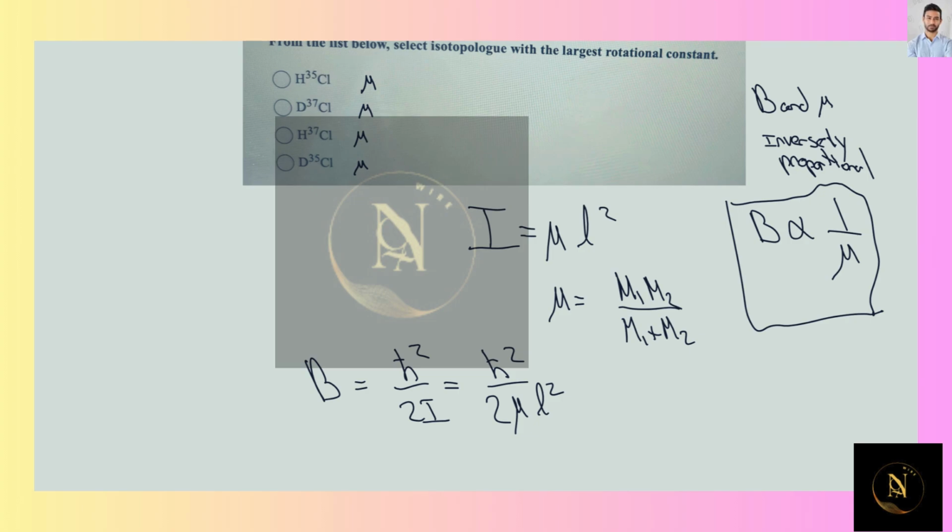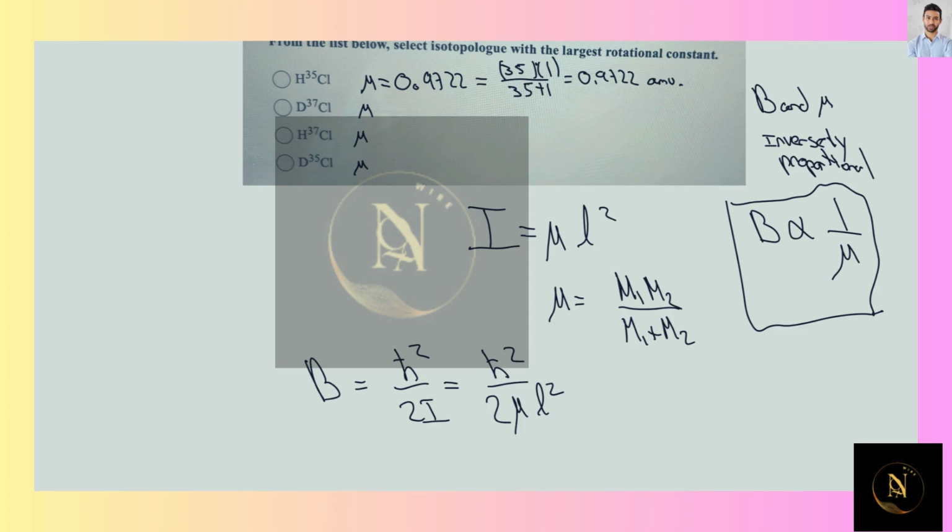And for this case, we're going to have 35 and 1 in our formula. This is going to give us a reduced mass equal to 0.9722. Just as an example of calculation, this would be 35 times 1 divided by 35 plus 1. Okay? And this is going to be, of course, in atomic mass units.